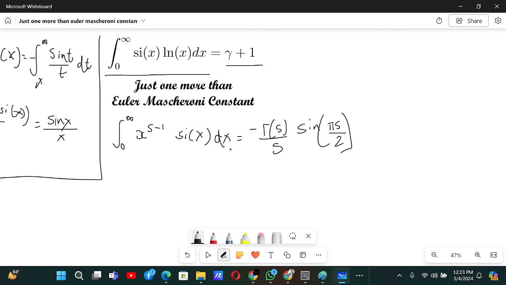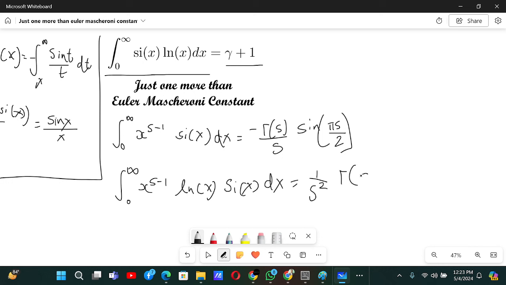Now from this, if you just differentiate both sides with respect to s, we will be able to get the expression. The differentiation will enter the integral as a partial derivative, so we will just have x to the power s minus 1 times ln of x and then si of x dx. This will be equal to, over here we will use the product rule, one at a time. First of all let's differentiate minus 1 by s, so that will be 1 by s square, and the others will be as they are: gamma of s times sin of pi s by 2.